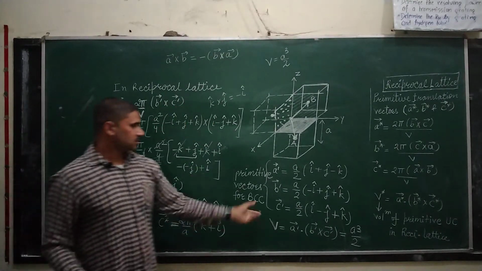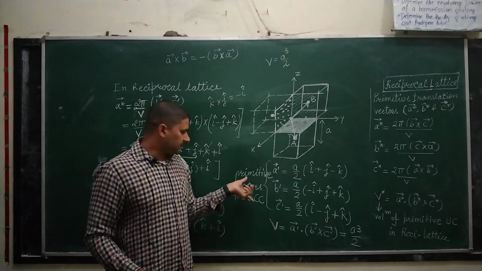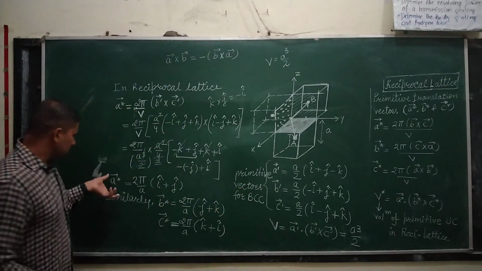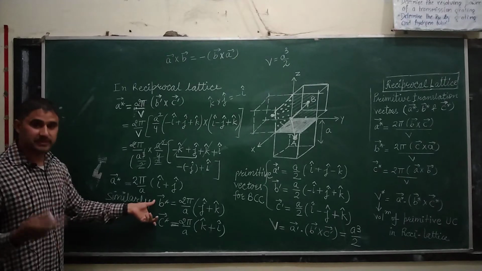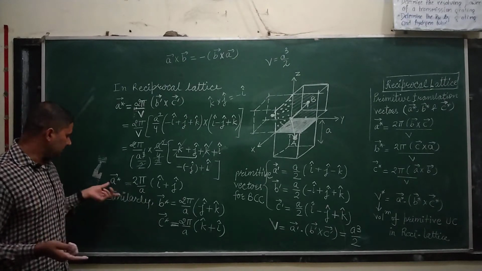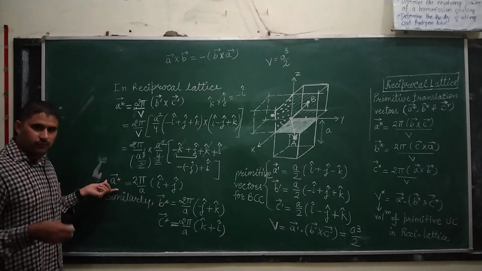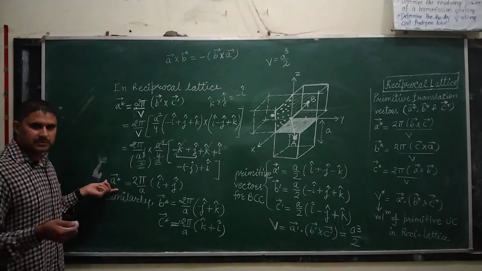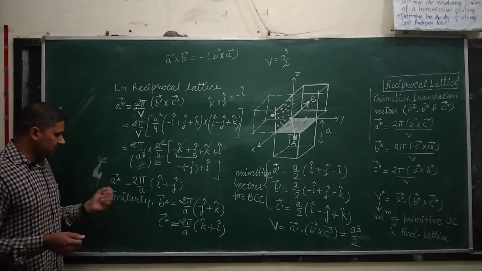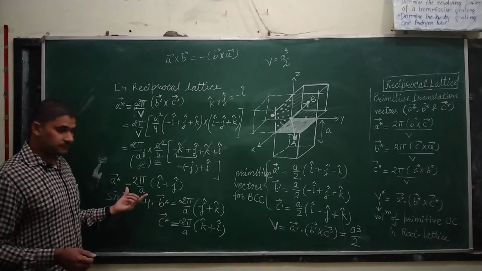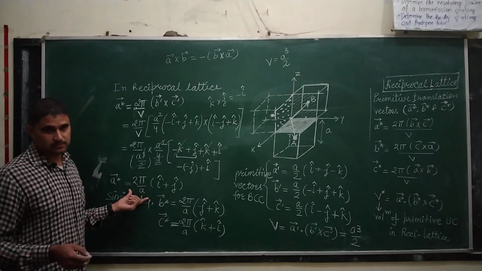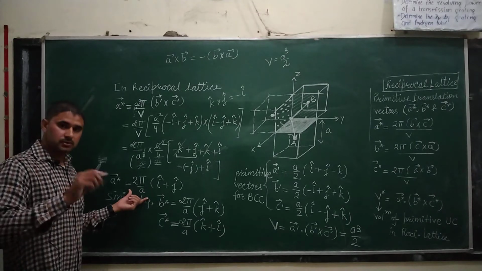Okay, as these vectors are primitive, these vectors in reciprocal lattice will also be primitive. Okay, and the unit cell formed by these will be primitive. Okay, and if you draw them, then it will look like a figure for face centered cubic.